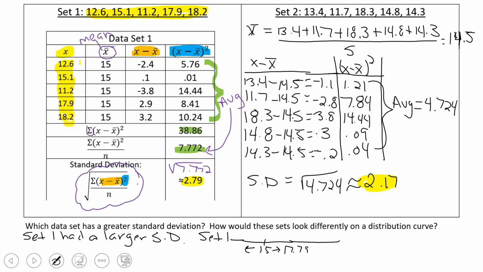And then go the other direction, and then I would have my curve here. But for set 2, my average was 14.5, and if I go 1 standard deviation in both directions, I'm going to be adding or subtracting 2.17. What that's going to do is make it just a little bit skinnier than in set 1. So graphically, that's how they would look different.